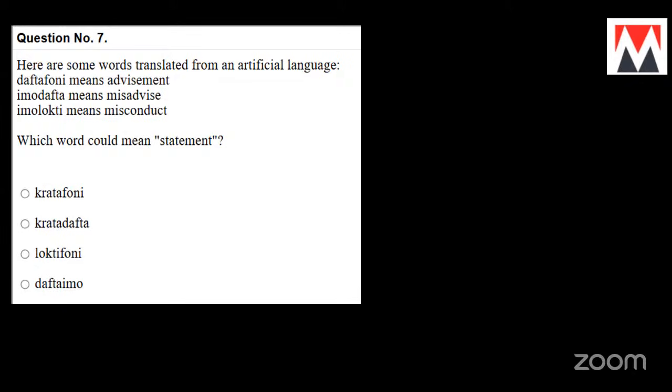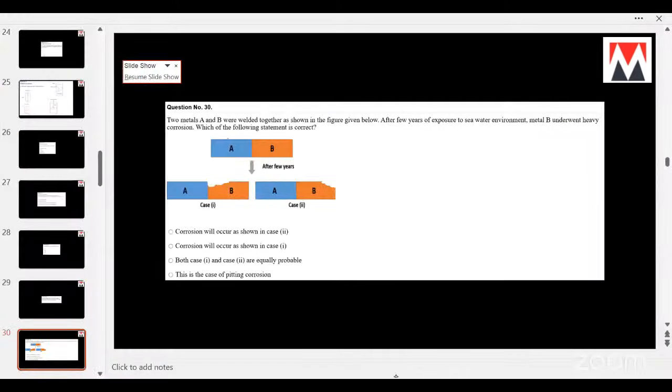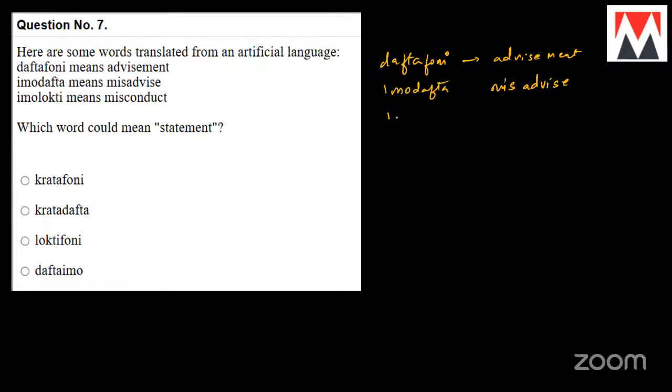So let us continue this. So we have daphthophony. Daphthophony is advisement, right? So you have emodaphta, misadvice. And you have emolopti.